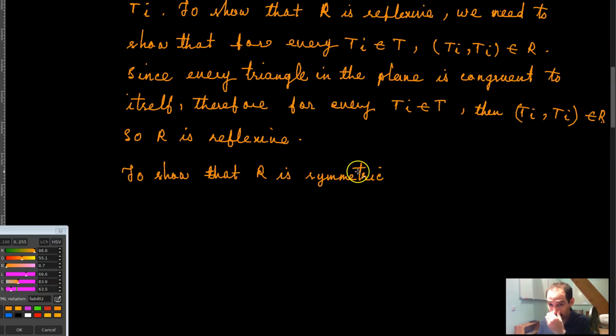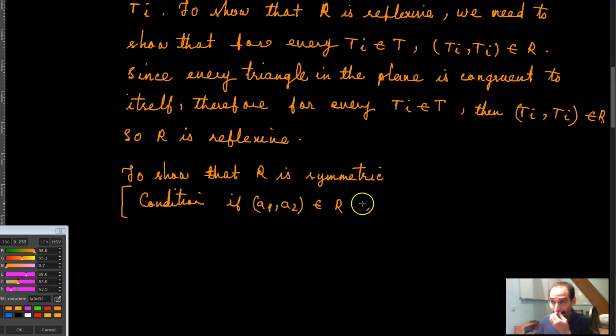basically the condition for that, the condition that we talked about for symmetric, is A1 comma A2 belongs to R. Actually there is no "if" here.